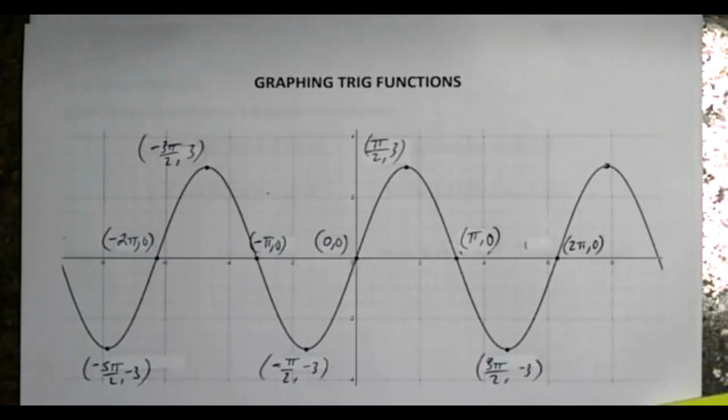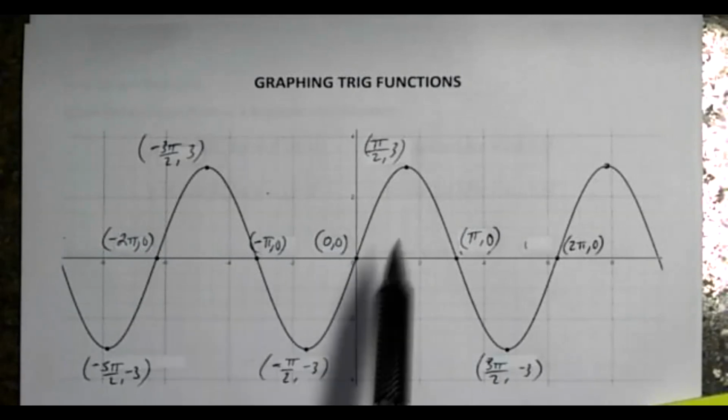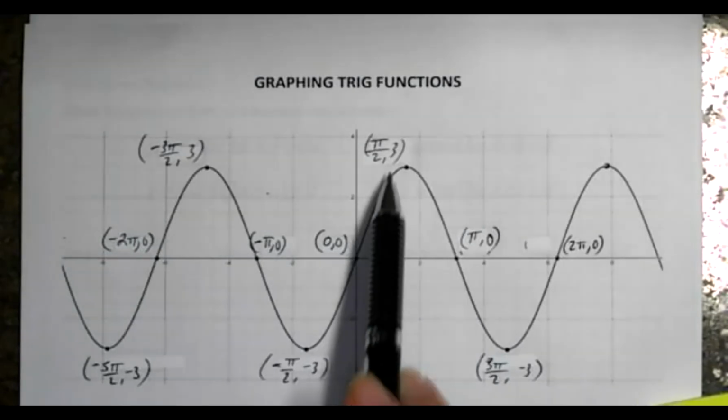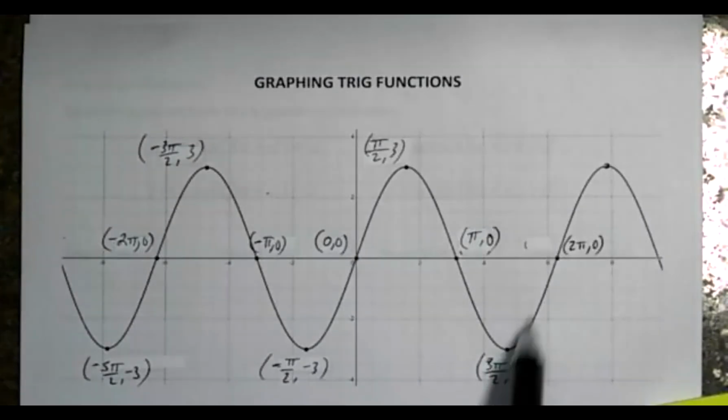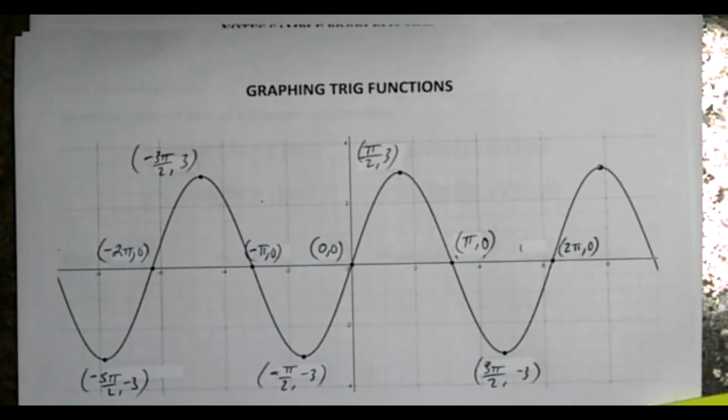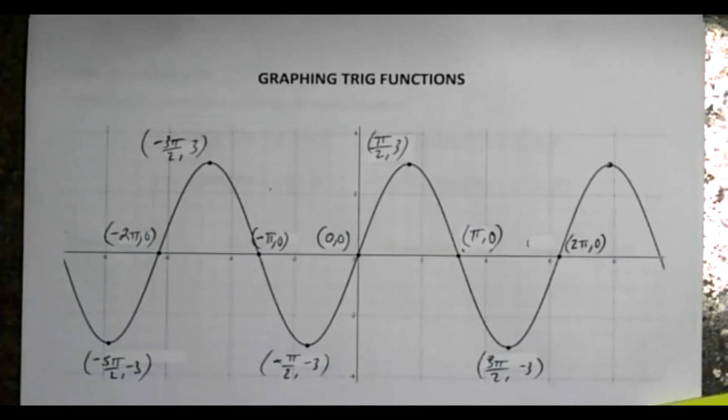Now, if you recall from the last lesson, as you move around the unit circle, these y values correspond to points on the unit circle. If you remember, when you're moving around the unit circle, the maximum value of sine is 1. Let me bring that up for you again.